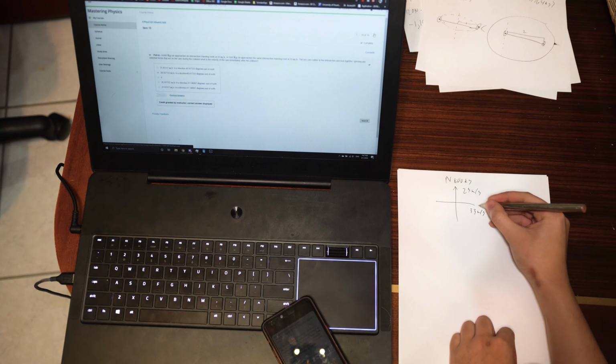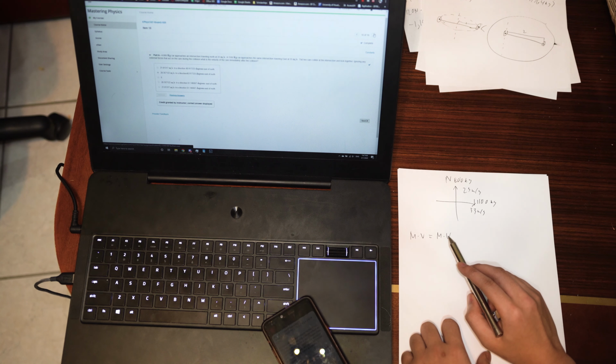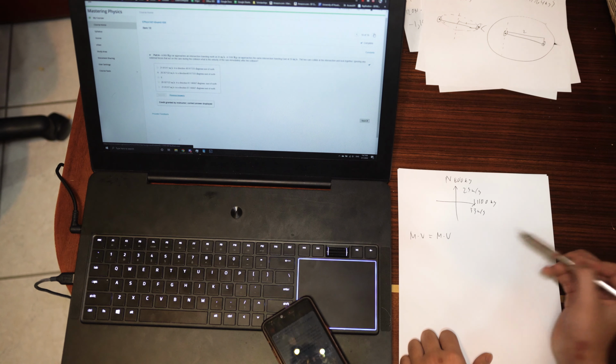So the formula that I'm going to use is mass times velocity is equal to mass times velocity. Well, how am I going to use that? Well, what if I plugged in the mass of just one car times the velocity of that car in only one direction? And then the mass of both cars, that would give me the velocity.